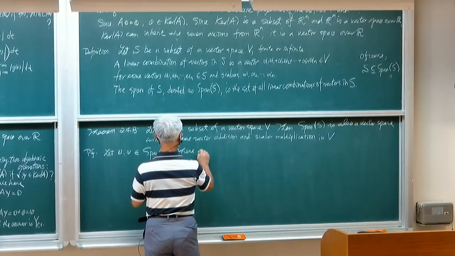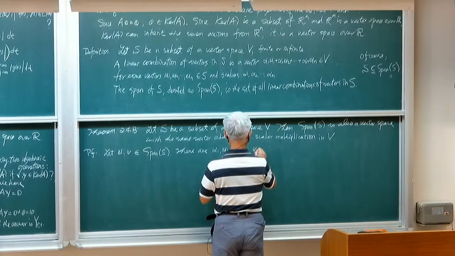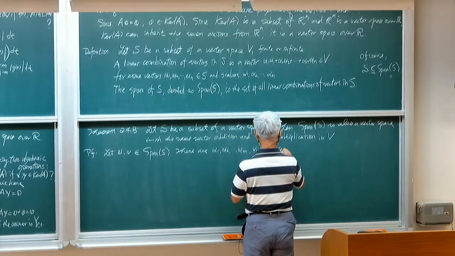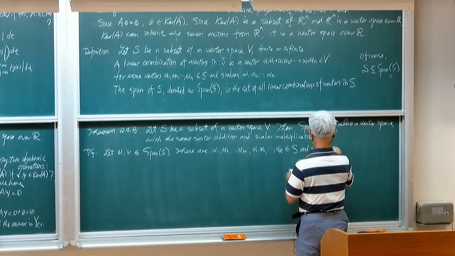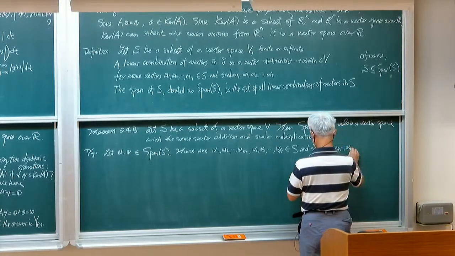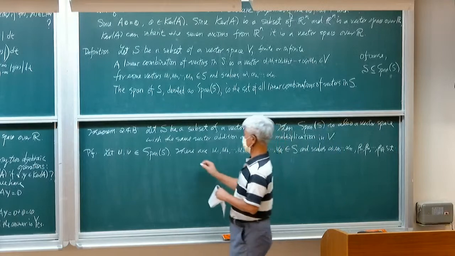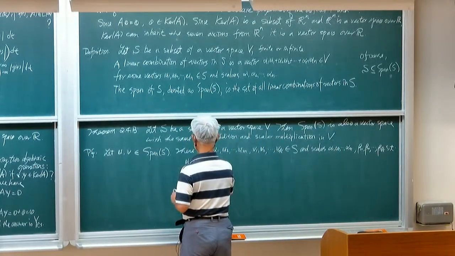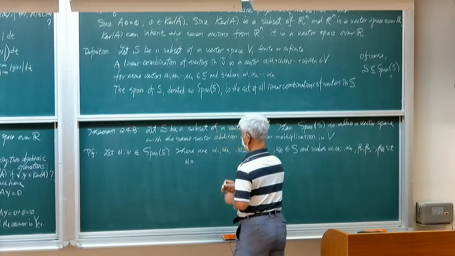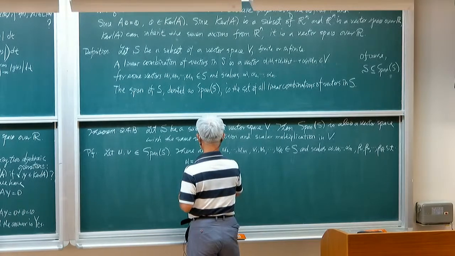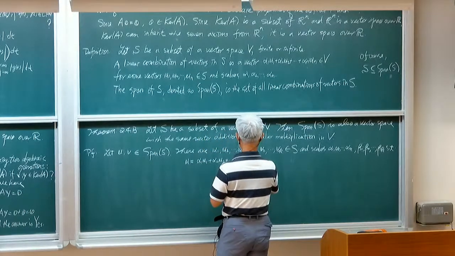So they are u1, u2 up to um, and v1, v2 up to vk in S, and the scalars alpha 1, alpha 2, alpha m, beta 1, beta 2, beta k, such that u is a linear combination, because u, v in the span of S means that u and v are linear combinations of vectors in S. So u is alpha 1 u1 plus alpha 2 u2 plus ... plus alpha m um.